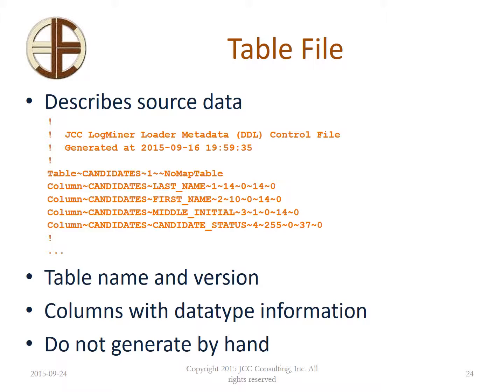One of the things in here for each table is the table version number. So this file has to be created anytime you do anything to the source data that's going to create a new version for the table, such as adding a column, dropping a column, changing a data type, either directly or by changing a domain.